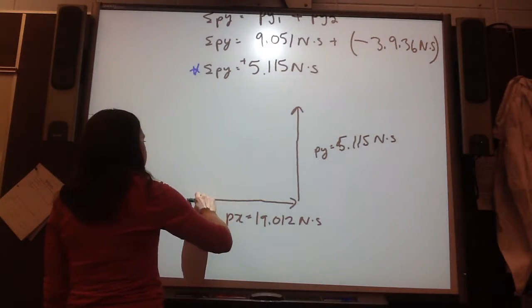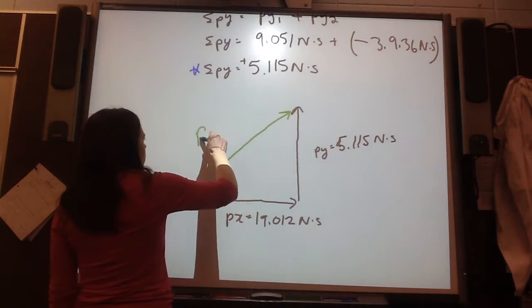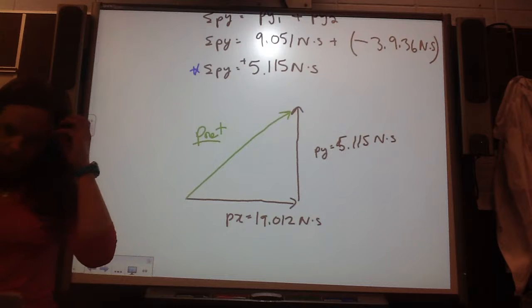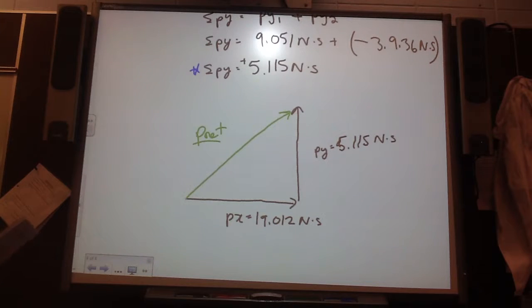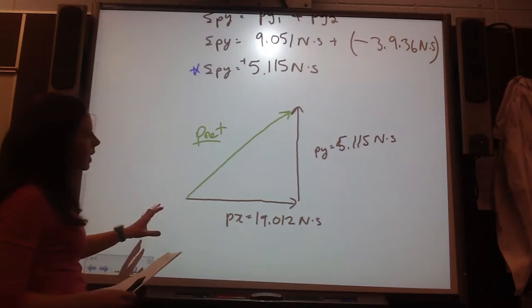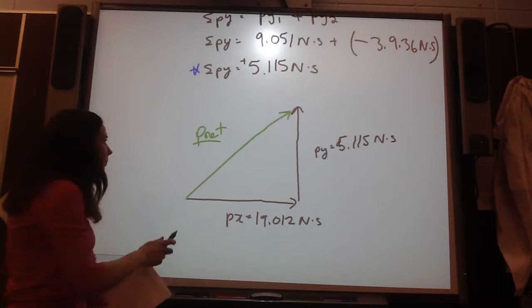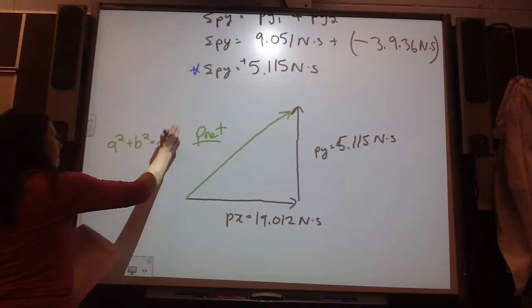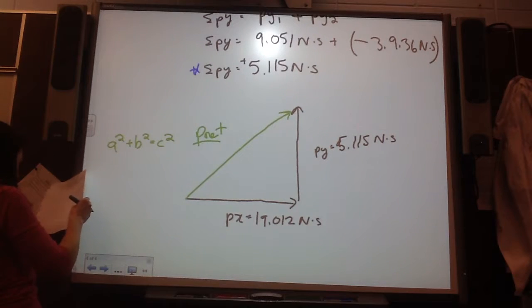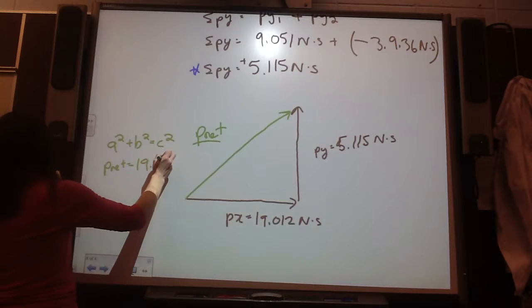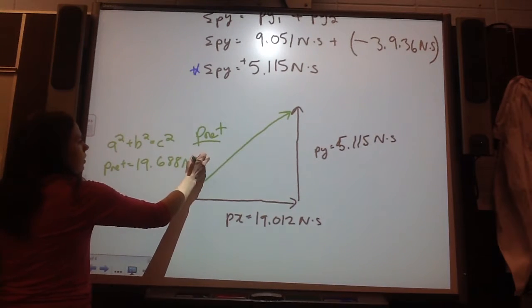Okay, then what you're generally looking for is your net, okay, is what we need. So we can find our p net using Pythagorean's theorem. And when you put that in, your p net is equal to 19.688 Newton seconds.